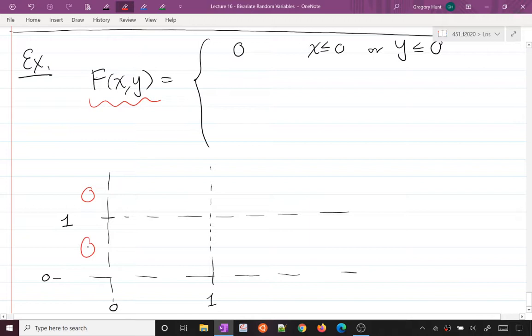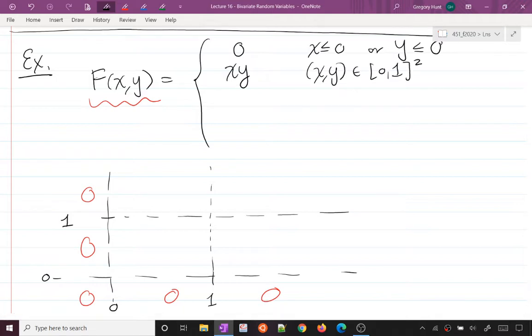So it's 0 everywhere out here, below either the x or y axis. It's going to take on the value xy if x and y are in the unit square. So that is this part here. That's xy.